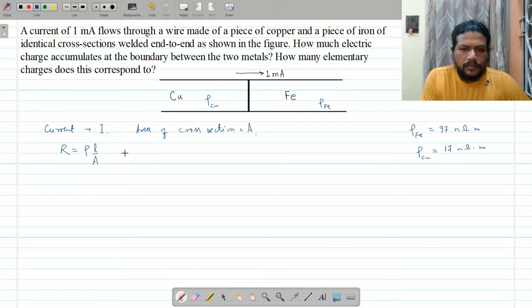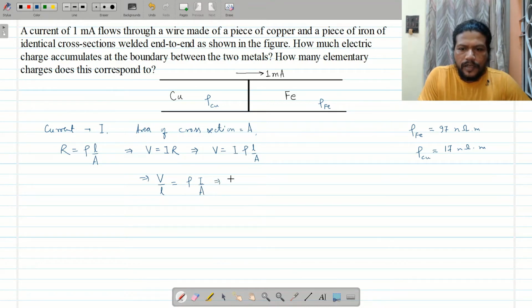And therefore, if I use Ohm's law, V equals IR, this can be written as V equals I times rho L by A. Now V by L, V by the length, is the electric field, and I by A we can call the current density.